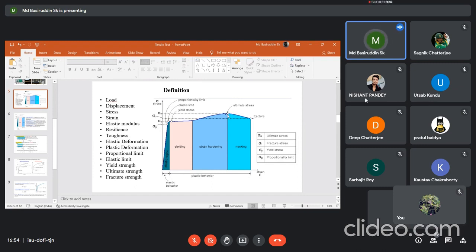What actually happened at the UTS level from the physical appearance point of view? Necking starts. Then the gauge length will be the correct one for measuring the true strain.